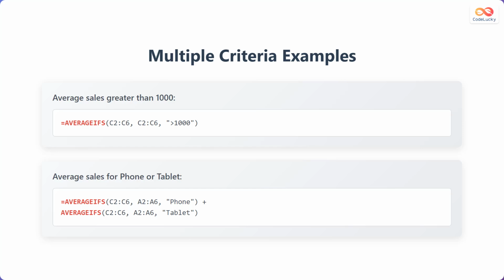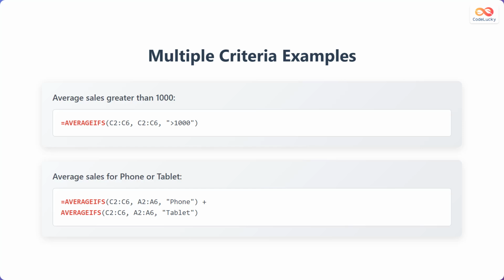Now, let's look at examples using multiple criteria with the AVERAGEIFS function. To calculate the average sales for values greater than 1,000, the formula is AVERAGEIFS(C2:C6, C2:C6, ">1000").